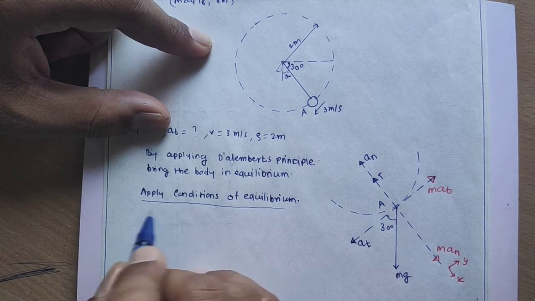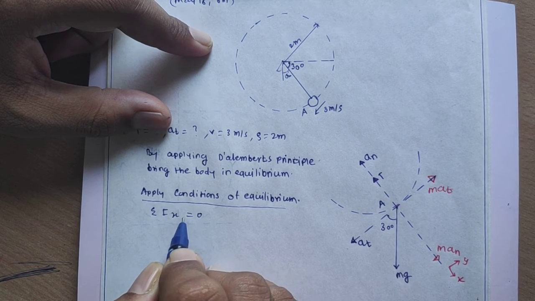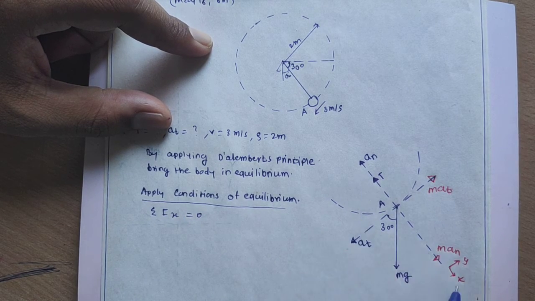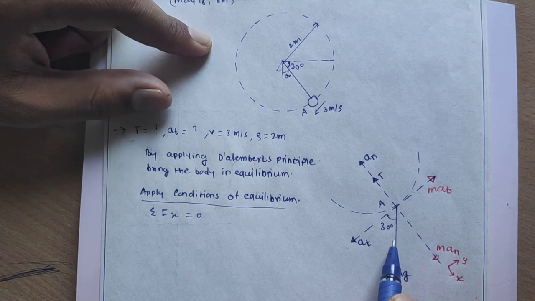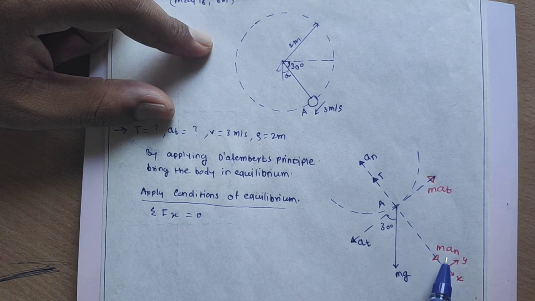First of all we will take summation Fx equal to 0. Here the x direction is this direction, and you can see the forces acting along this direction: the tension, MAN, and the component of mg along this direction.